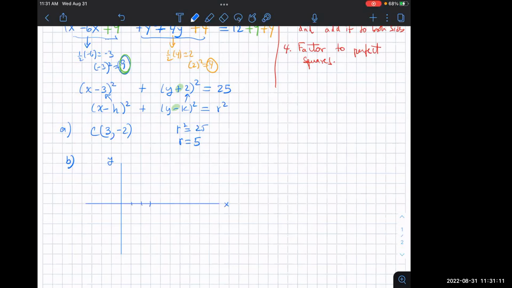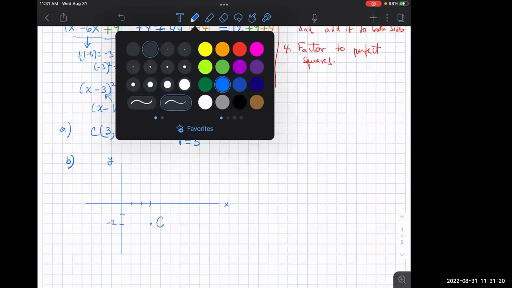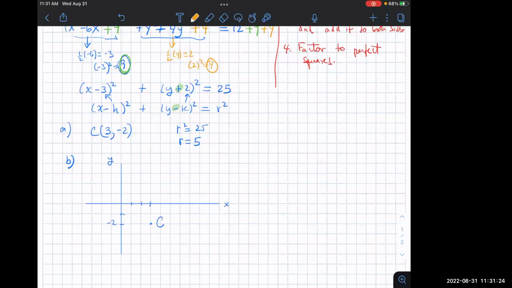1, 2, 3, and 1, 2, -2. So that's my center. And from there I go 5 units each direction. 1, 2, 3, 4, 5. 1, 2, 3, 4, 5.